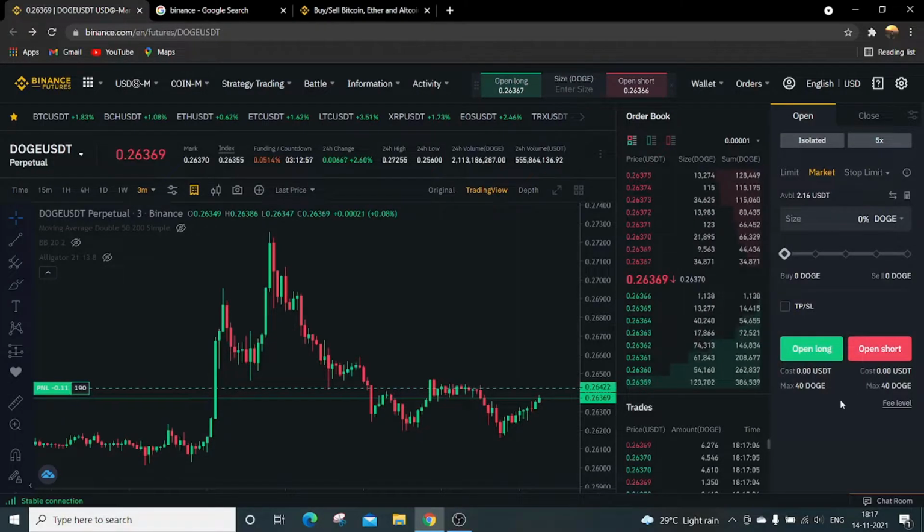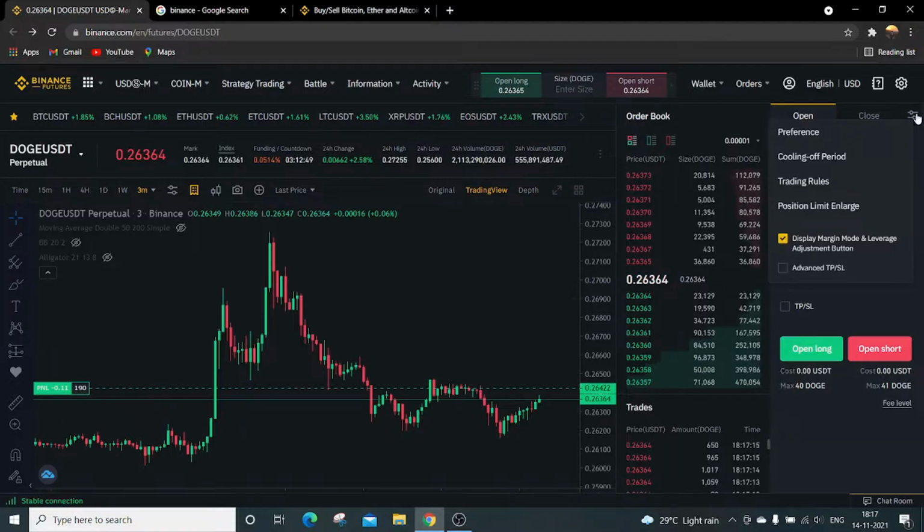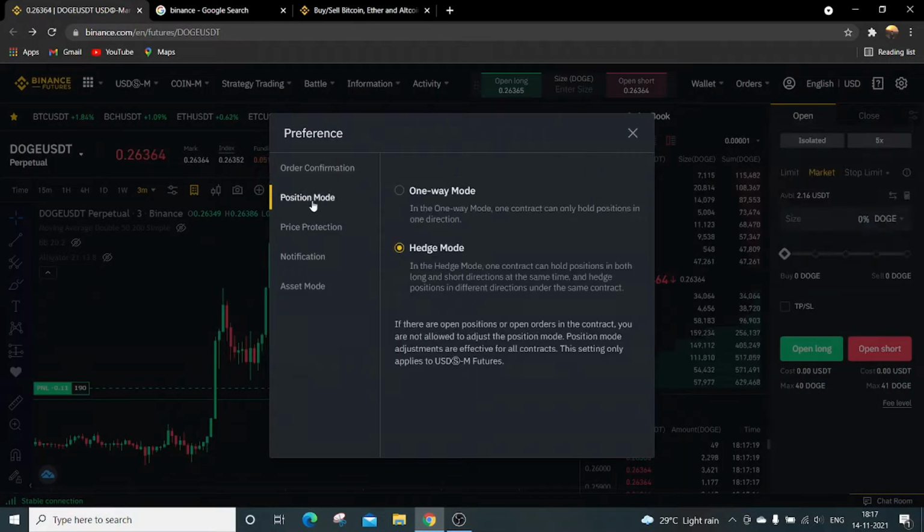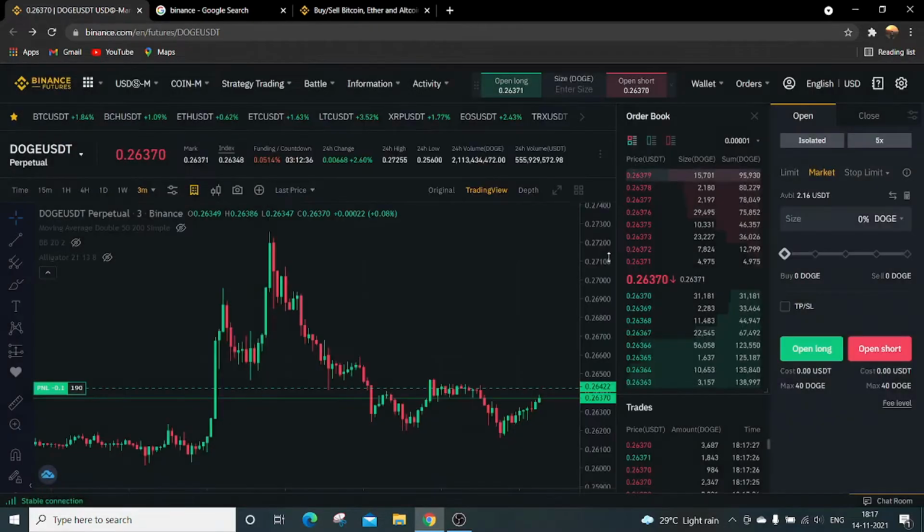So while trading, there are actually two modes. There is one-way mode and there is hedge mode. To choose that, just go to preferences, position mode. So there are two modes. This is one-way mode. One-way mode means if you take the long position, then you need to go only in this upward direction.